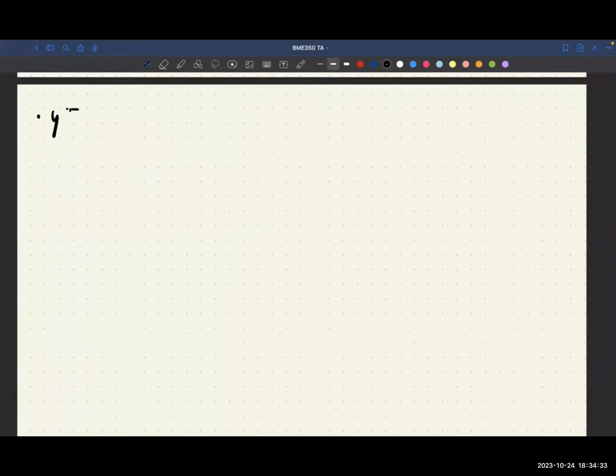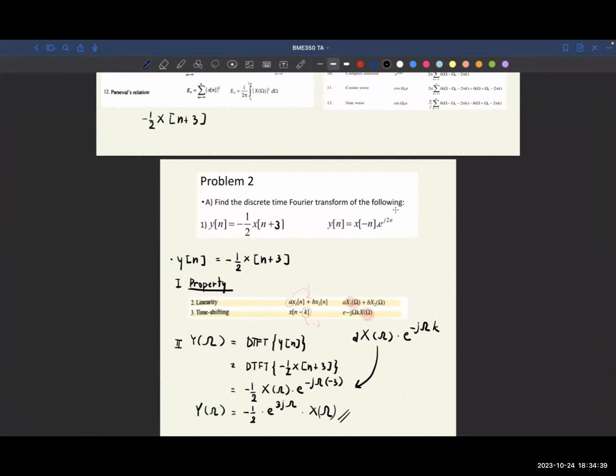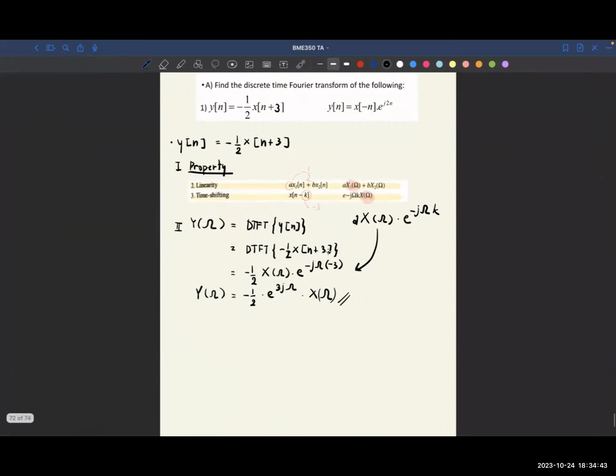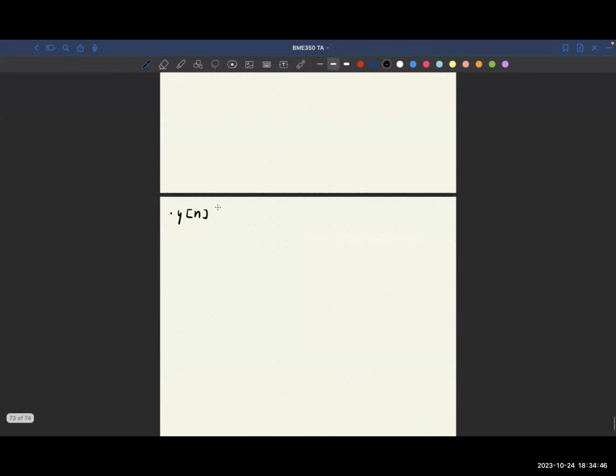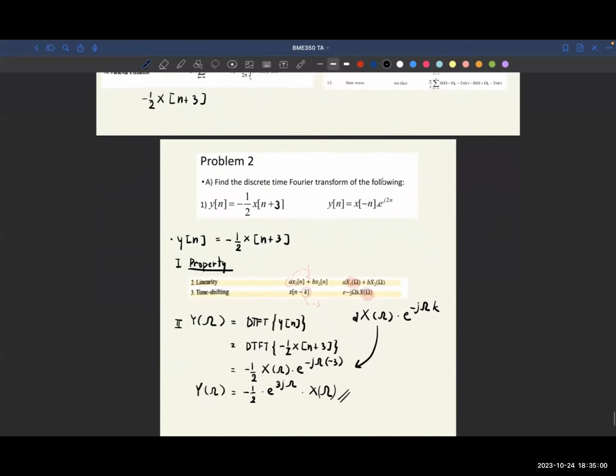The question that we have is y[n] equals x[-n] times e to the power of j something n, right?